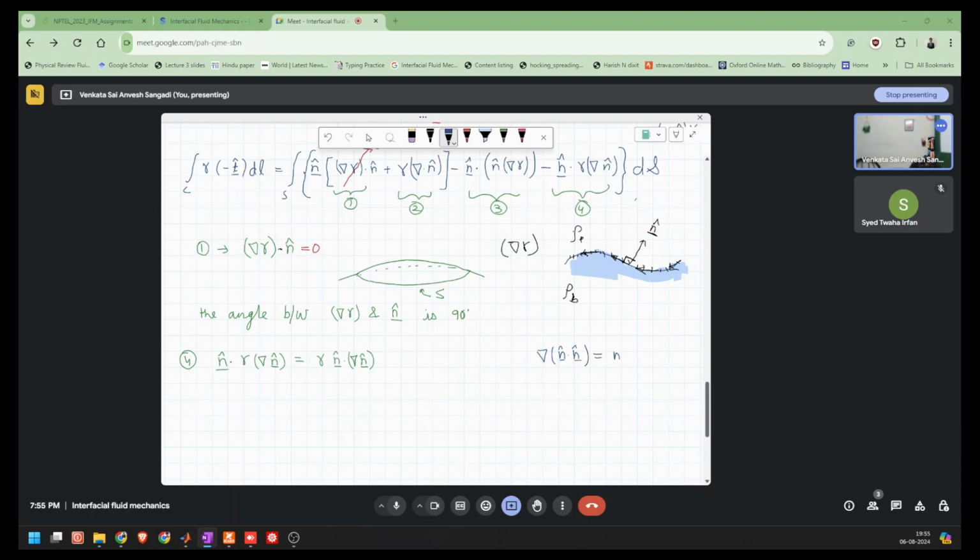If we open it up using the product rule, we have n cap dot grad n plus n cap dot grad n, which is equal to 2 n cap dot grad n.